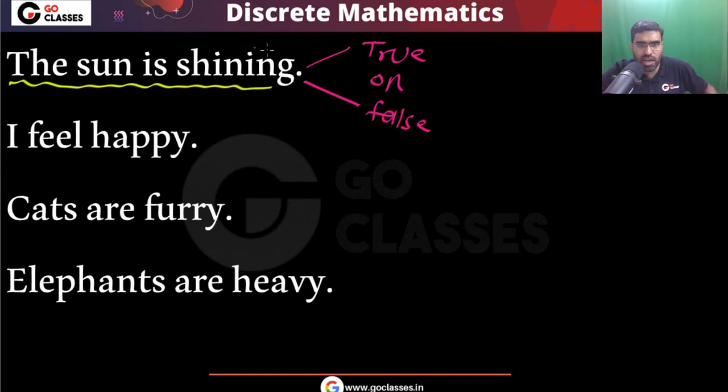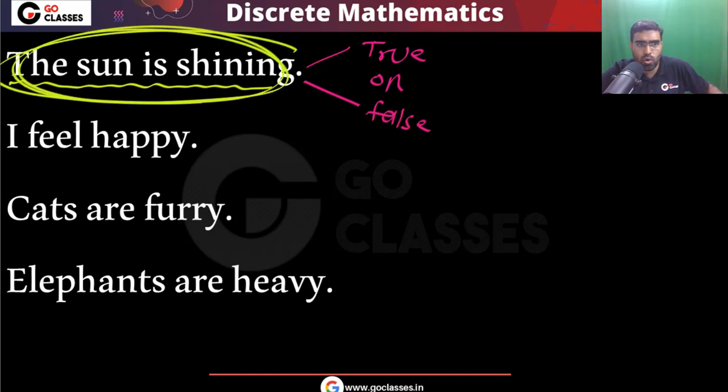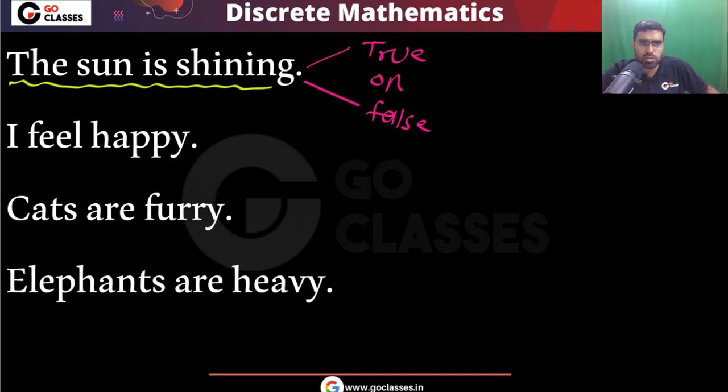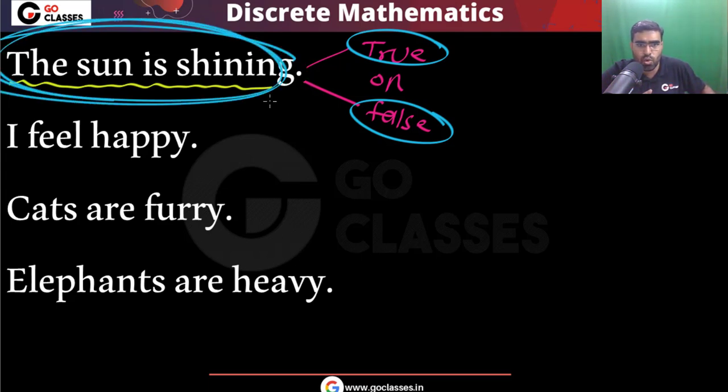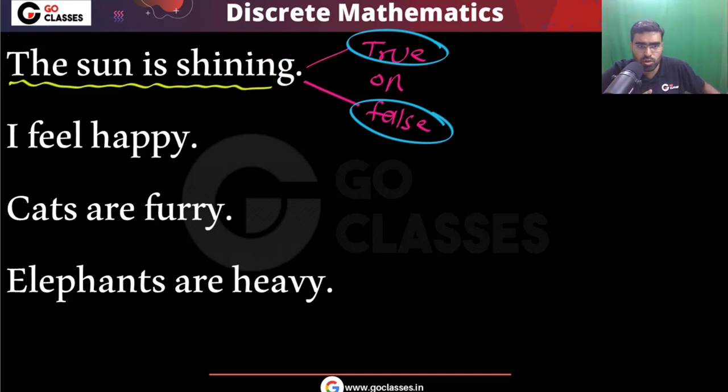At any point of time, either the sun is shining or the sun is not shining. So either this sentence is true or this sentence is false, but not both. That is the reason this is a proposition.